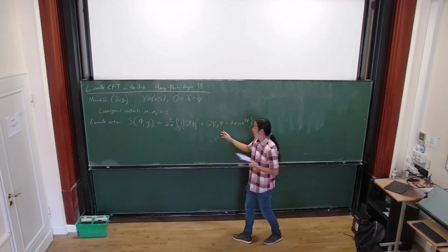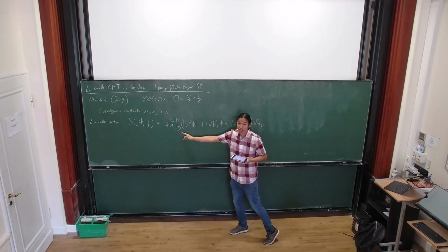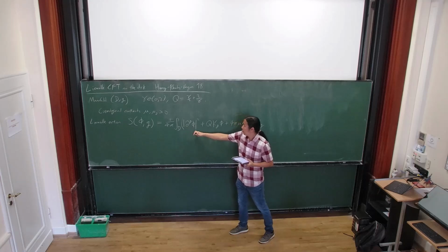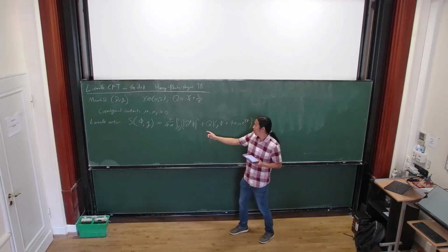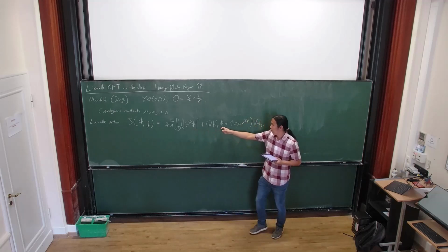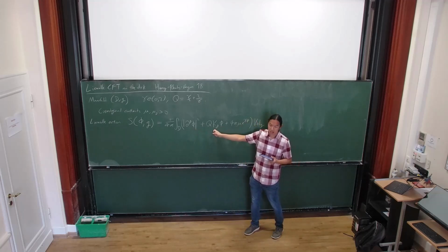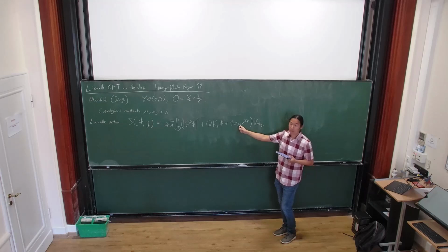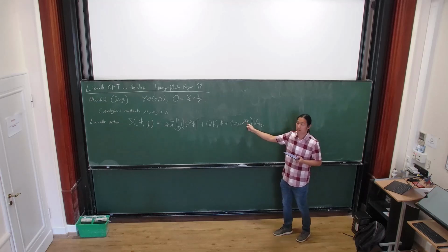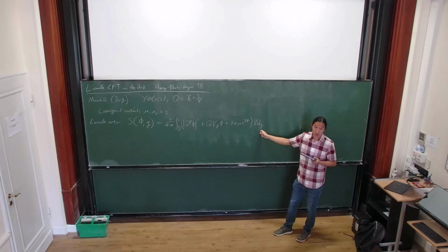So the Liouville action has an integral over the bulk of the disk, where you have this Dirichlet energy, this integral of the squared gradient. You have this integral of the field times the Ricci scalar curvature. And you have this cosmological constant mu times e to the gamma times the field. And you're integrating over the bulk of the disk with respect to the volume measure induced by the metric G.